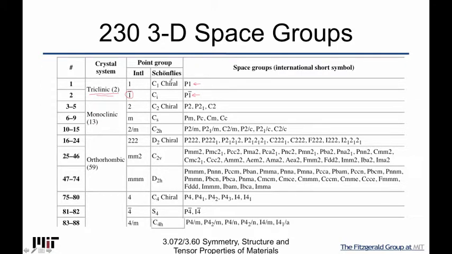The Schoenflies notation is something that we don't cover in this class, but it's here. By the way, the 230 3D space groups here have been simply copied from Wikipedia, so it's available there for easy viewing anytime. And what I want to go to next is, just to finish the Schoenflies notation, notice how the Schoenflies can be fairly simple because it actually doesn't describe uniquely what's in the space group.